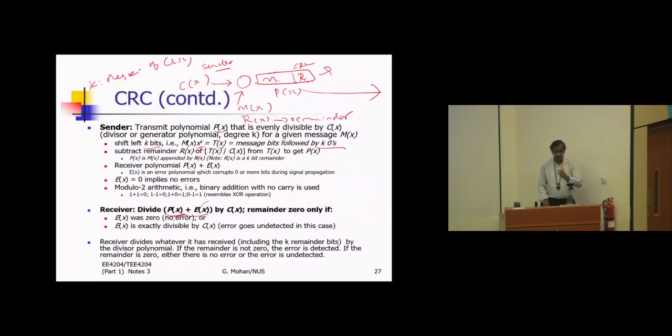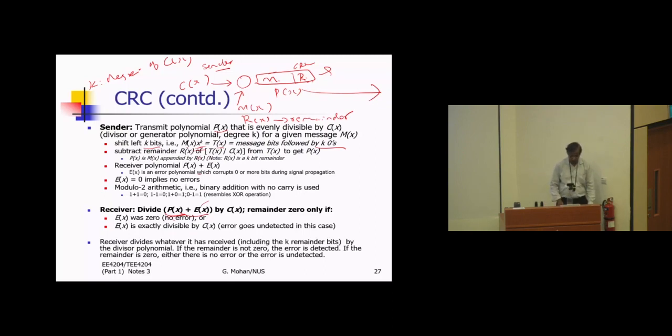If you follow those theorems, and there is any error in the message part or the remainder part, you have to choose the divisor polynomial in an intelligent way, following some theorems, then most of the errors can be detected. There is no method in the world which can detect all possible errors. Cannot be. Correct?